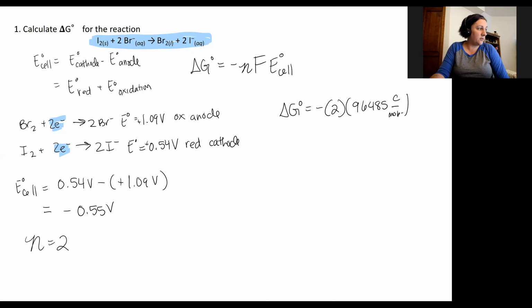And then our standard cell potential is negative 0.55, in joules per coulomb, or volts. When I plug this all in, I get a value of plus 1.1 times 10 to the 5th joules. So I'm getting a free energy value that is greater than 0, and I don't expect this to be a spontaneous reaction.